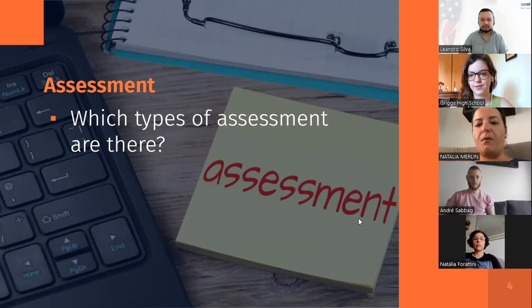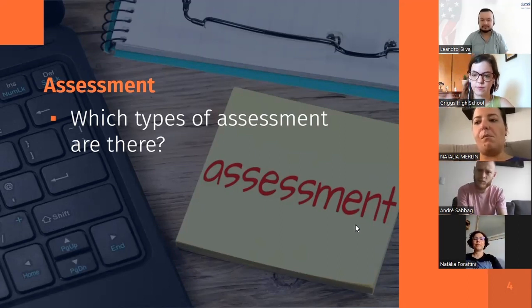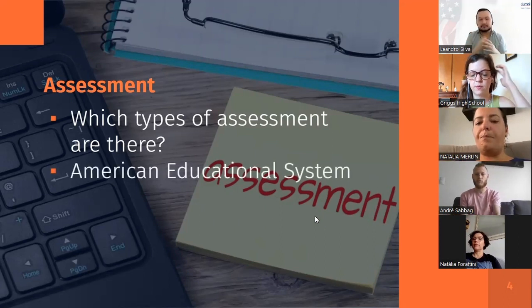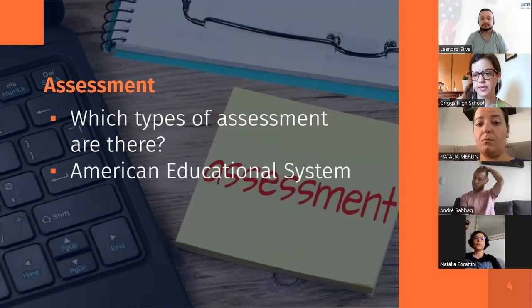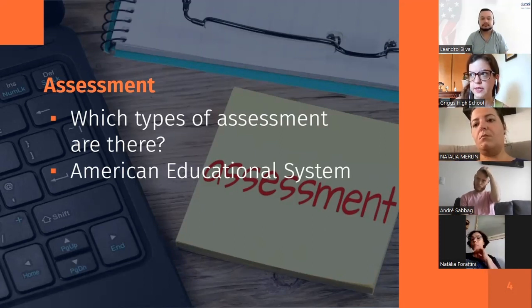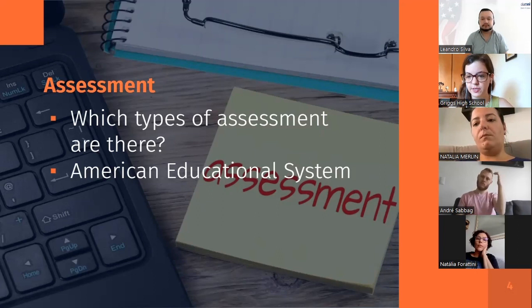Presentations, quizzes, exams. Well, basically, any type of activity can become an assessment. A writing assignment or a short writing assignment, projects, class participation, right?